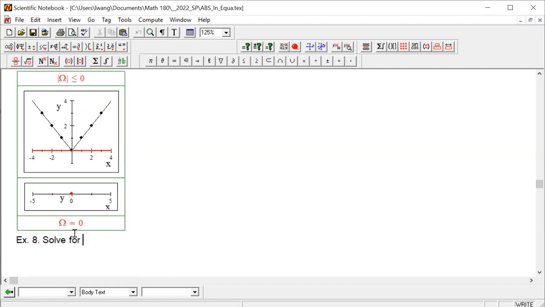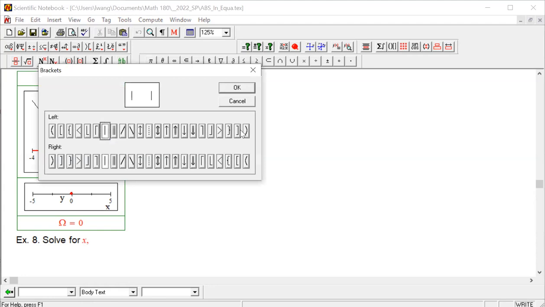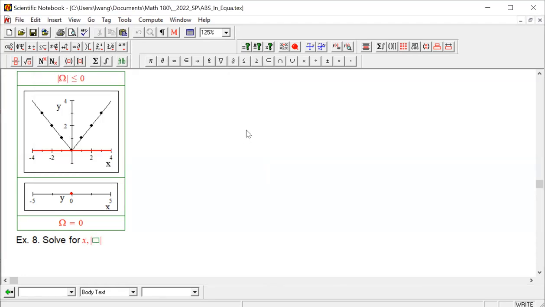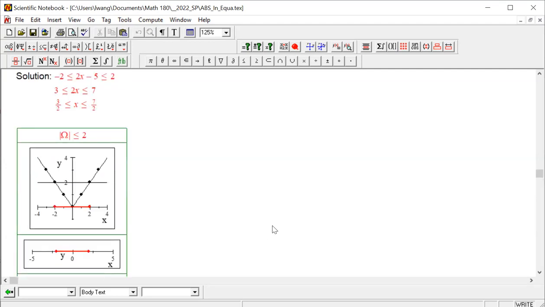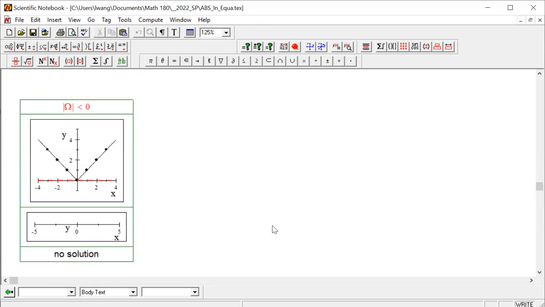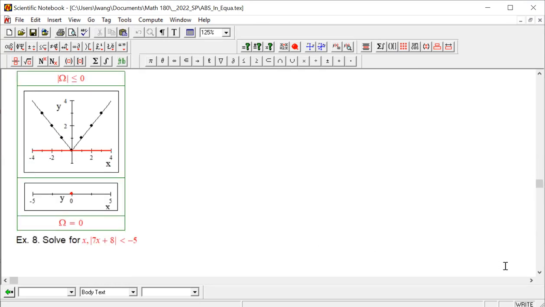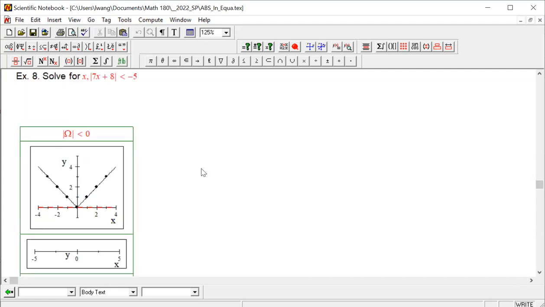So solve for x: the absolute value of 7x plus 8, if this is less than -5. Less than -5. I have this model in my mind.